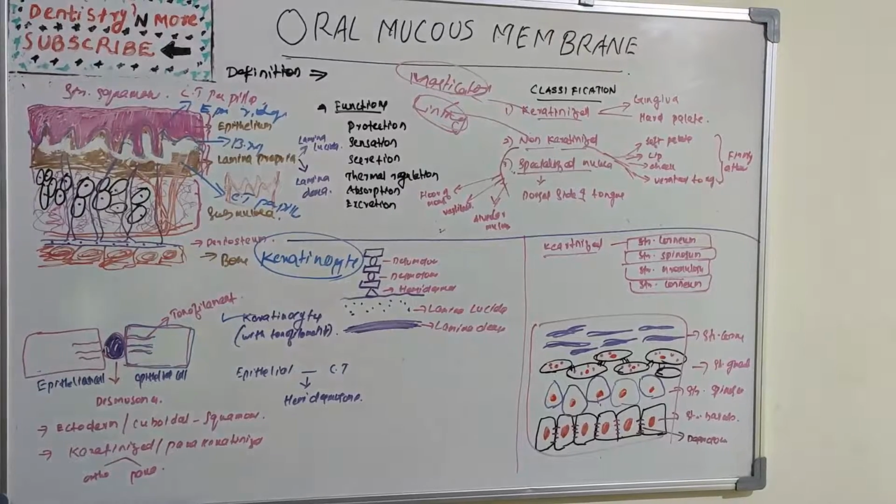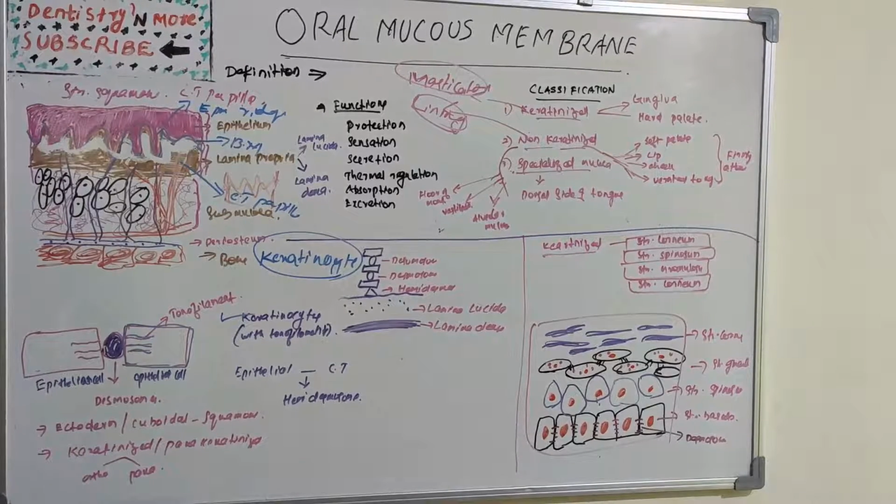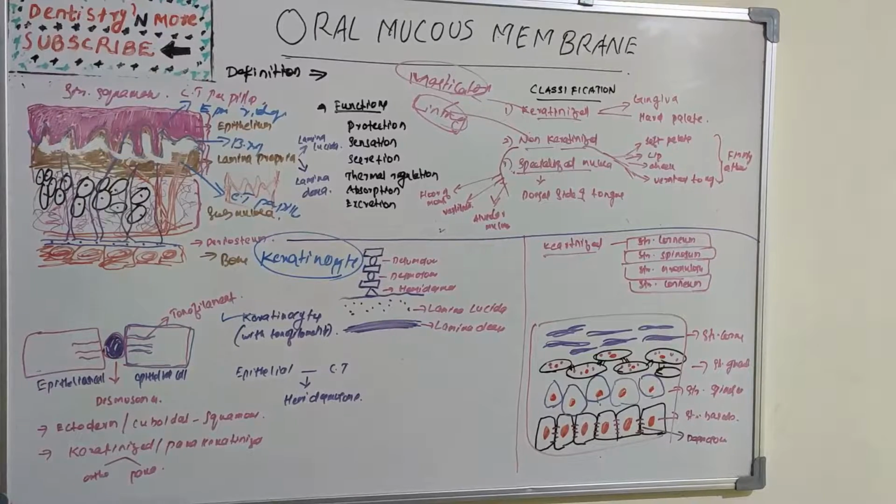Whereas the lower dense layer is known as the lamina densa, which is in contact with the reticular layer of the lamina propria. The layer in contact with epithelium is the lamina lucida, and the lower layer is the lamina densa.